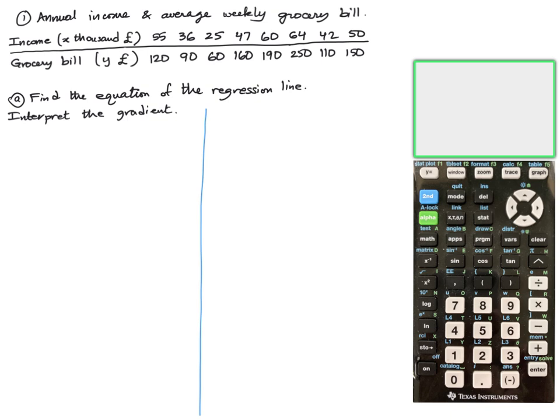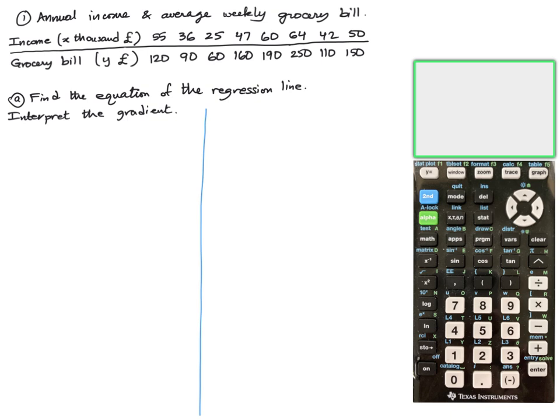I'm assuming this is British pounds, but what do I know? So X thousand pounds is the income, and then the grocery bill is being measured in just Y pounds. So this family here earns 55,000 pounds a year and spends 120 pounds a week on groceries. So that's how to interpret that data.